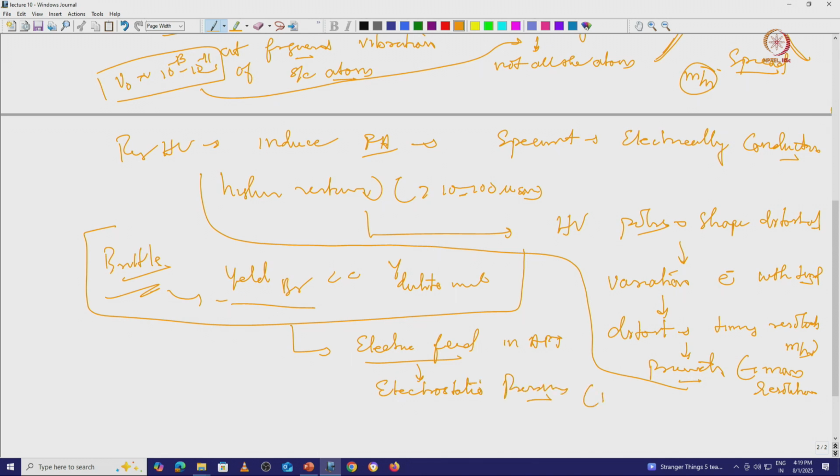Which is up to 10 GPa. And this electrostatic pressure almost approaches the theoretical strength of materials. Other than electrostatic pressure, the HV pulse can also induce cyclic stress.